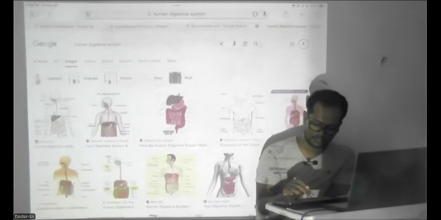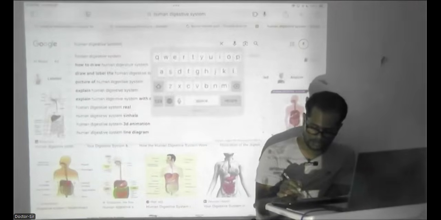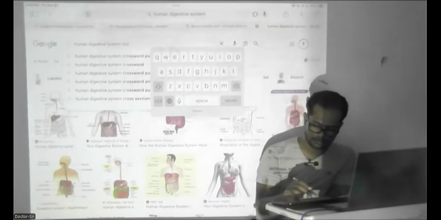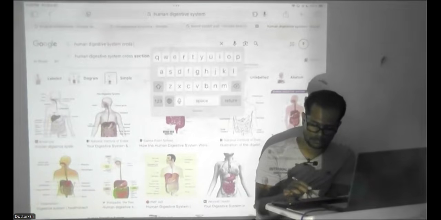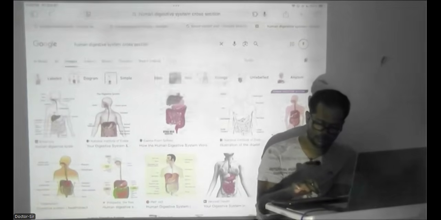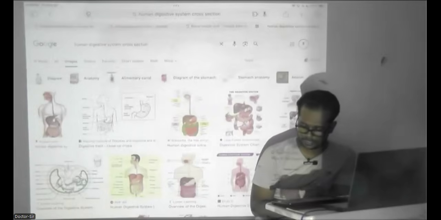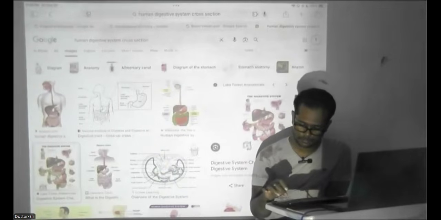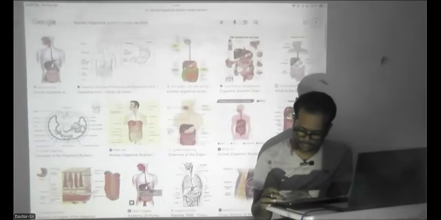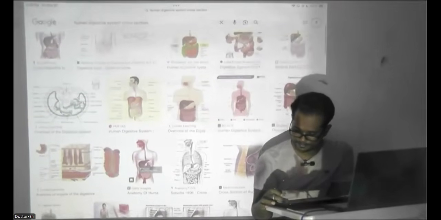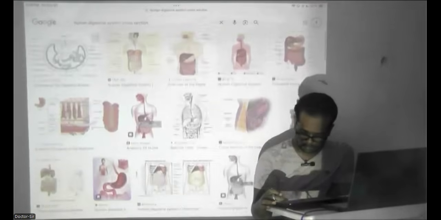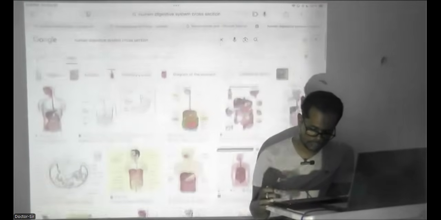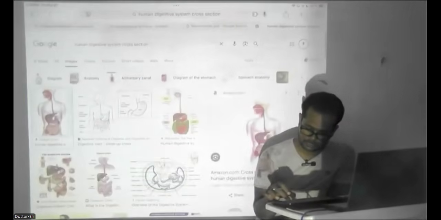Okay, I need a cross section. This one is good.